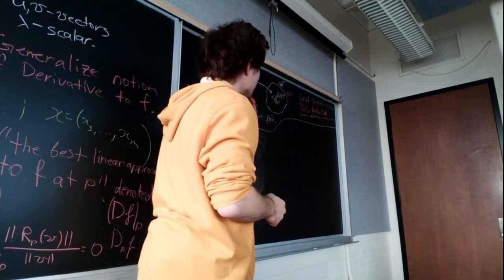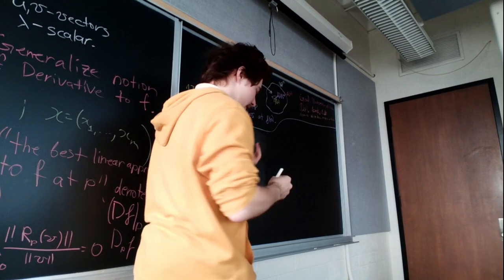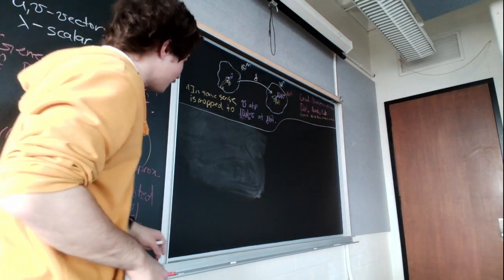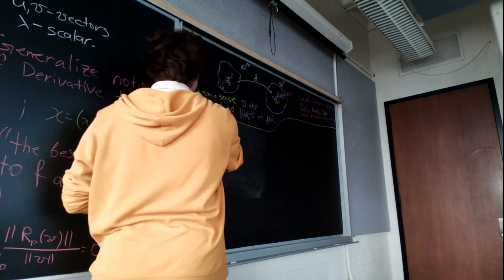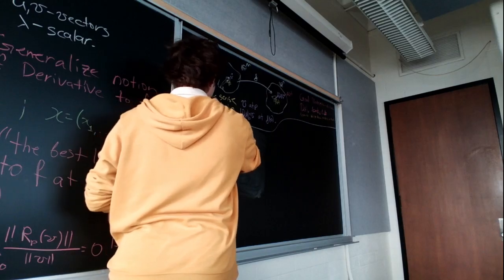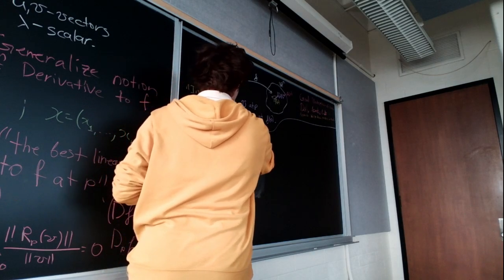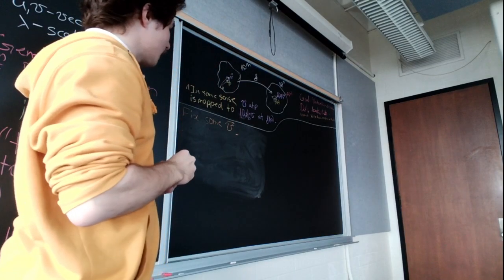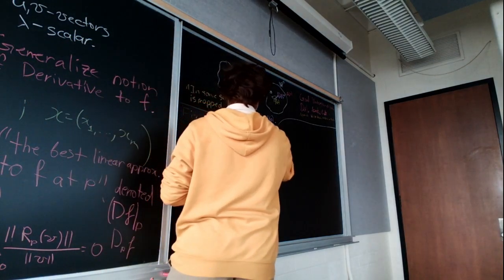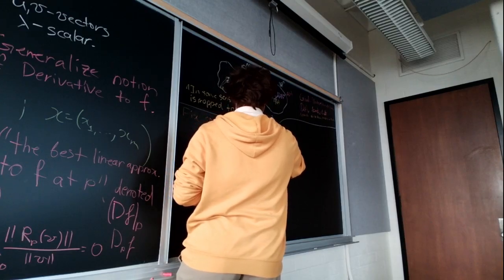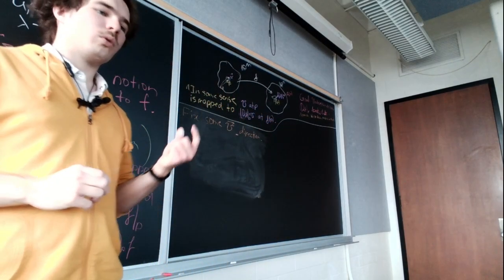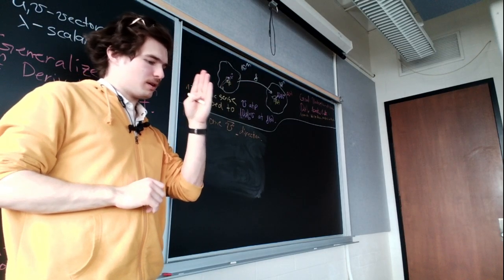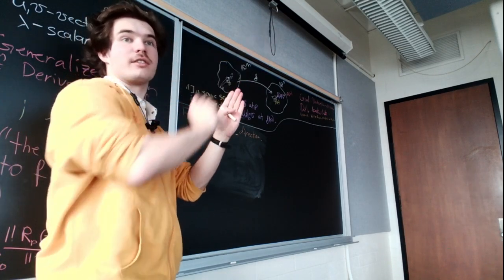Good. So we don't know how to deal with many directions. So the solution is let's fix some v. Okay, fix some v. And now I can just look at my function, how it changes as I go in the direction of v.